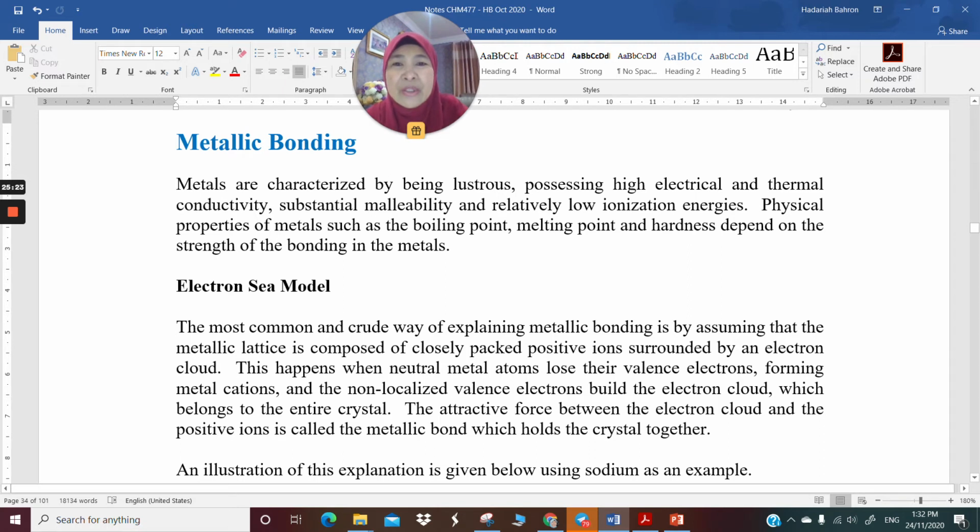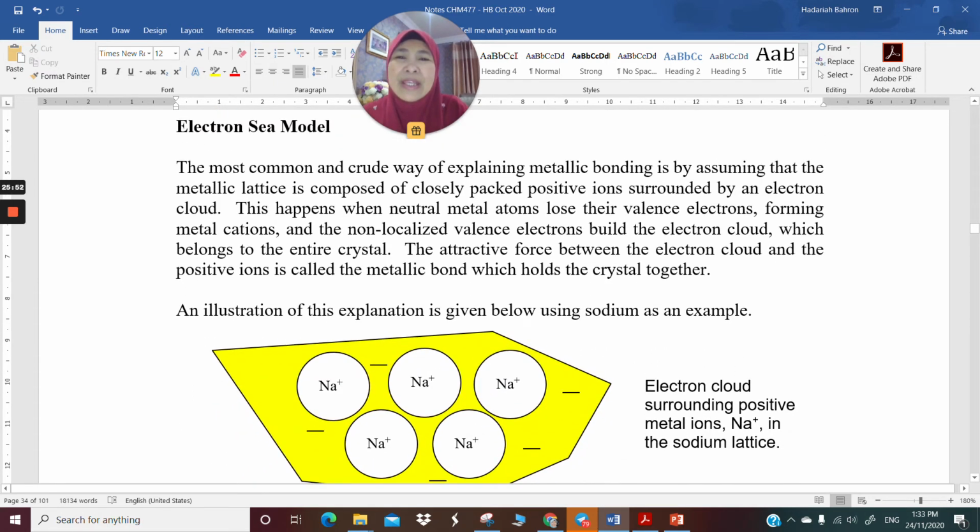Whether you have a metal that can flow like mercury, a metal that is soft like sodium that you can cut, or a metal that is hard like iron, the hardness, boiling point and melting point all depend on the strength of the bonding in the metal itself. So when we are discussing bonding in metals, there are two models that people always talk about.